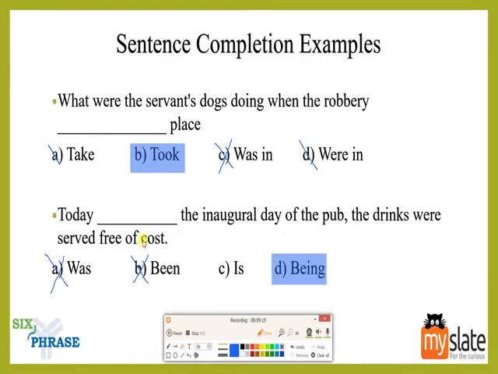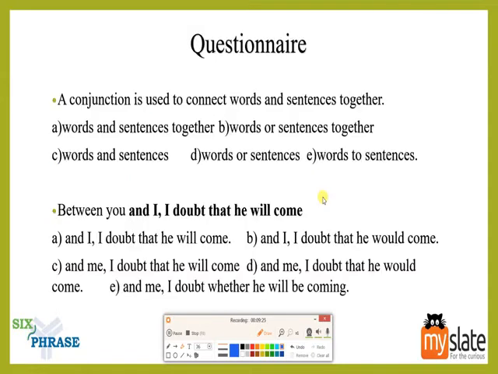So now let's look at some questions. I have compiled a questionnaire wherein we'll be able to see some more questions. See, in this question, a conjunction is used to connect words and sentences together, right? There is no blank space in which we need to fill in the answer.